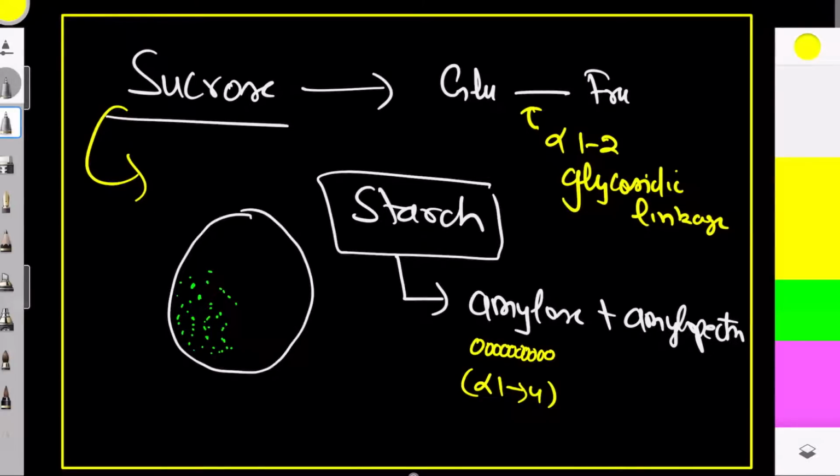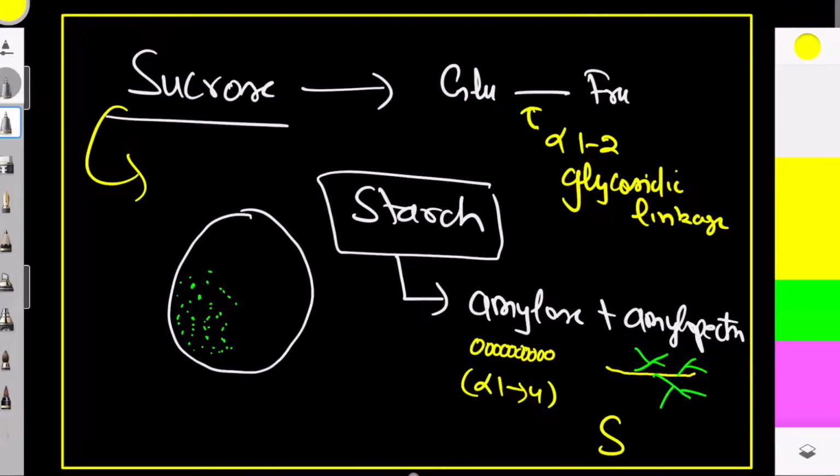In case of amylopectin, here I am just drawing that the glucose molecules have been joined by alpha 1 to 4 linkage, and also you are going to see branch points, you are going to see branching. And who is going to introduce these branching?